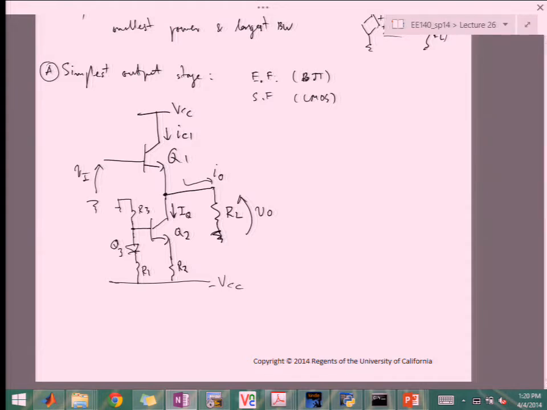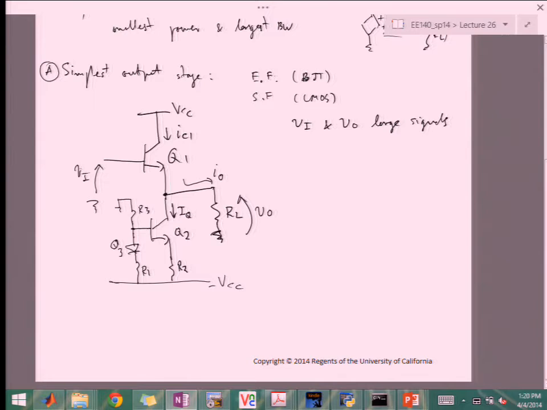Okay. So in this case, both VI and VO are actually large signals. Even their small signal amplitudes are going to be pretty large, because we want to deliver as large a voltage to this output as possible.